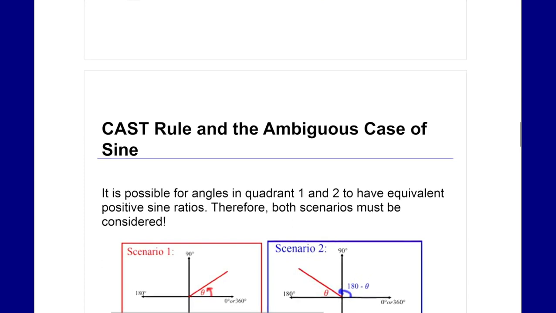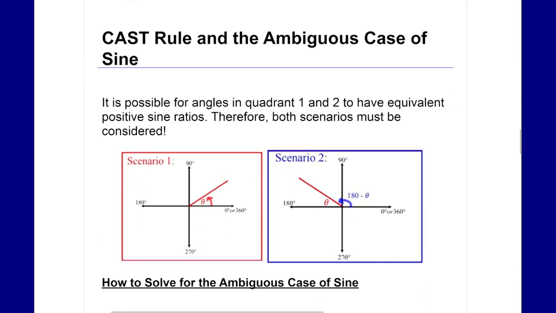The reason this scenario comes up is because of the CAST rule. With the CAST rule, we should remember that it's possible for angles in quadrant 1 and 2 to have equivalent positive sine ratios.